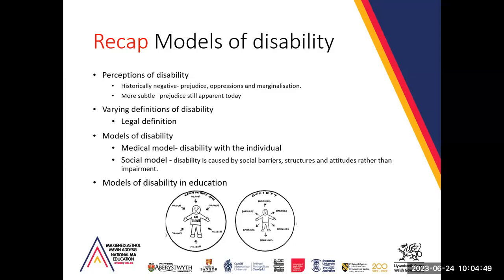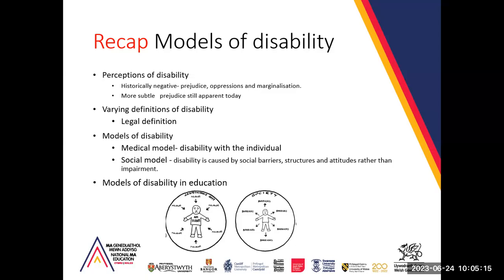We then started to look at perceptions of disability, and it was identified that historically perceptions towards disability have been predominantly negative, things such as prejudice, oppression, marginalisation. Even though we have significantly more positive perceptions of disability today, there are still subtle prejudices apparent. So things like this are important to be aware of.